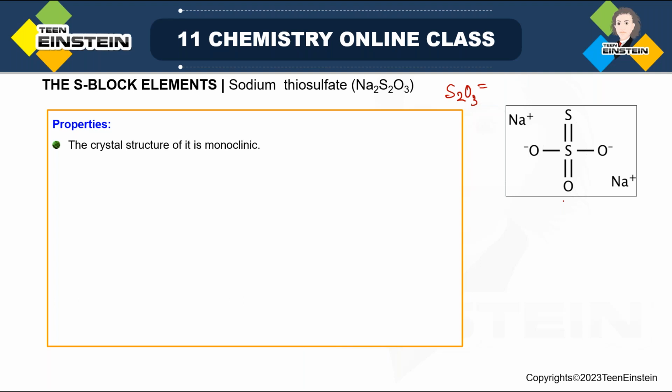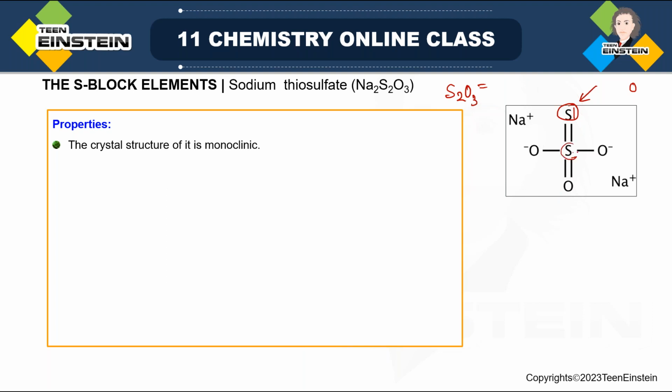Here the 2 sulfurs that you are seeing, their chemical environment is obviously not the same. The sulfur in the middle is attached with 1 sulfur and 3 oxygen. But this sulfur is attached only with sulfur. So from the point of view of this sulfur, the oxidation state is basically 0 because it is attached to the same atom.